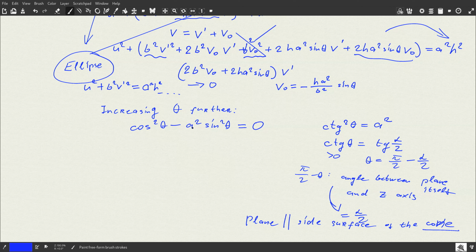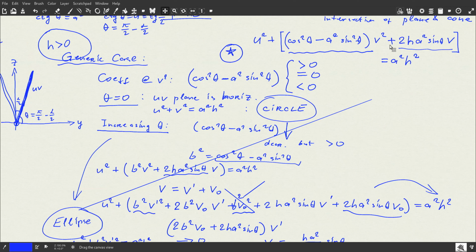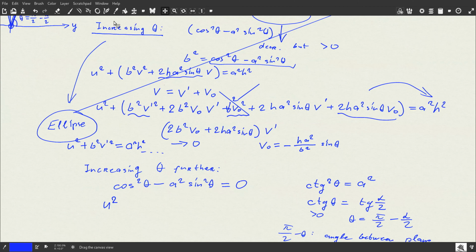What happens in this case? The coefficient at v squared is 0, but we do have a linear term, which is 2h a squared sine theta v, where theta is taken from this equation, and sine theta is positive, we know it.